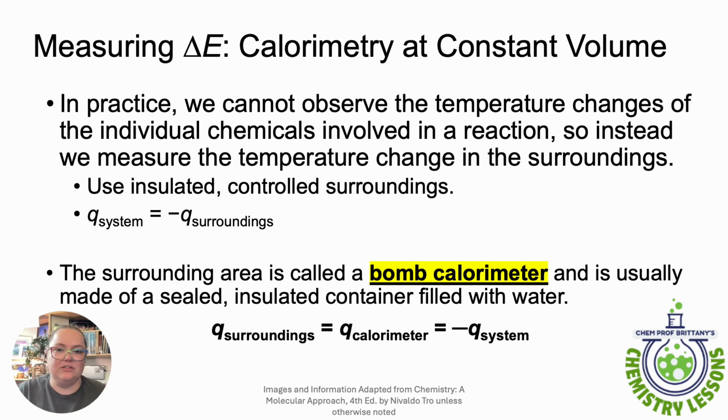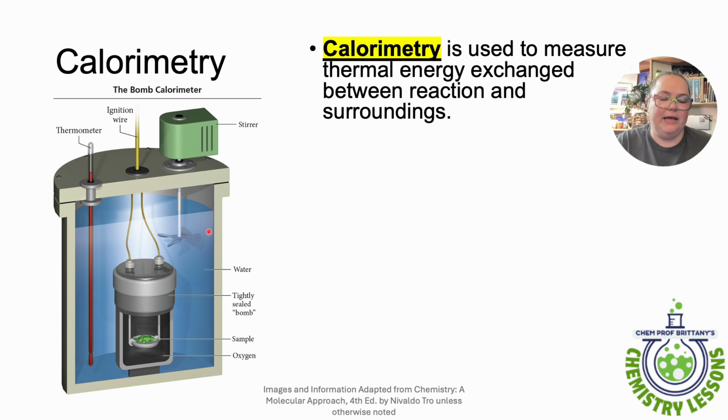So let me show you what that looks like. This is a bomb calorimeter, right? We fill this thing with oxygen, fill this up with a known amount of water, and then it's sealed. Then we ignite this so that combustion takes place. Because I know this is insulated, and because I know exactly how much water I have, I can say if the water changed by this amount of temperature, then I know exactly how much heat that is.